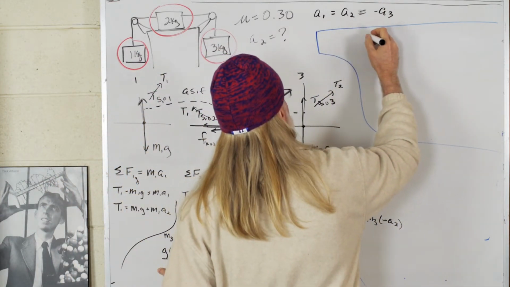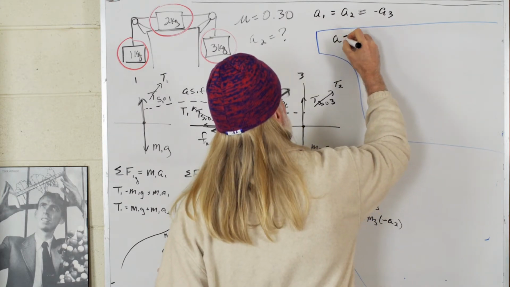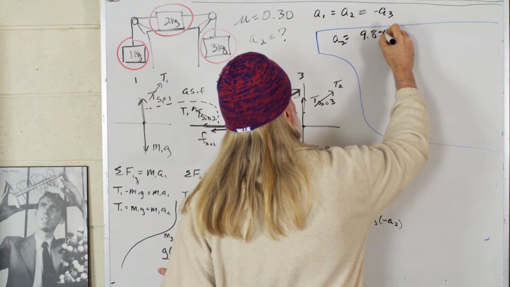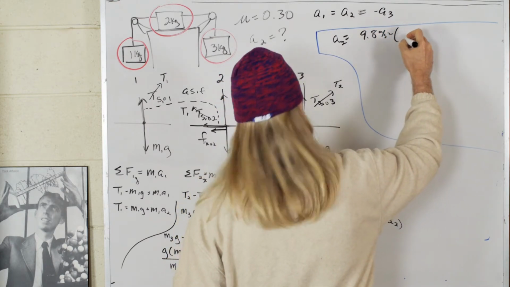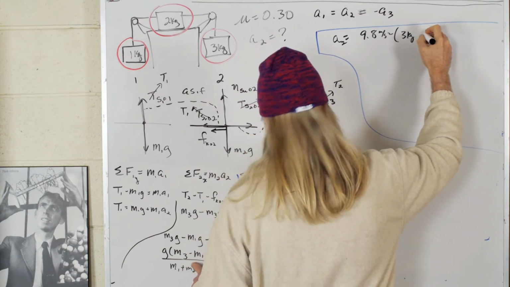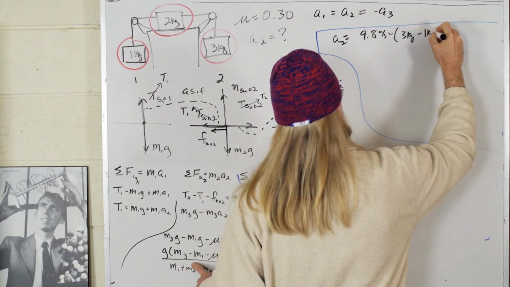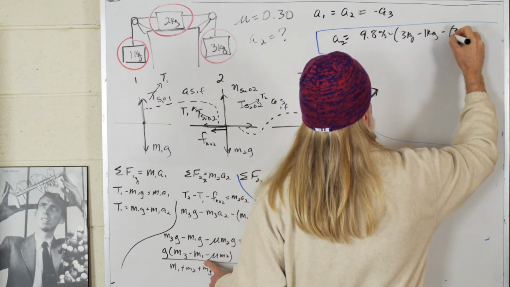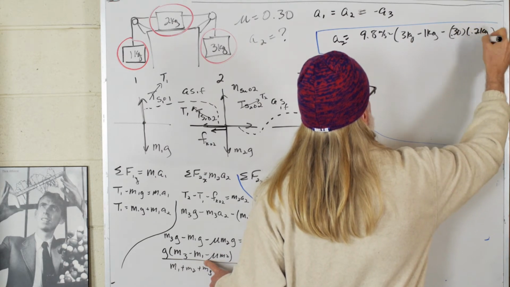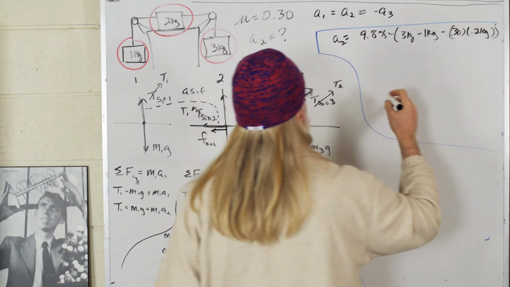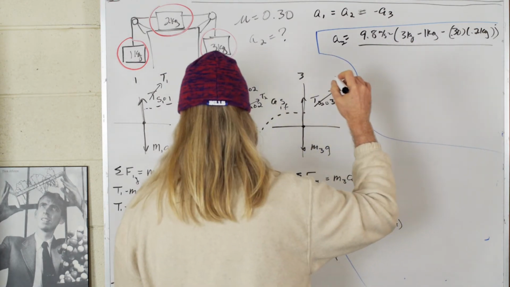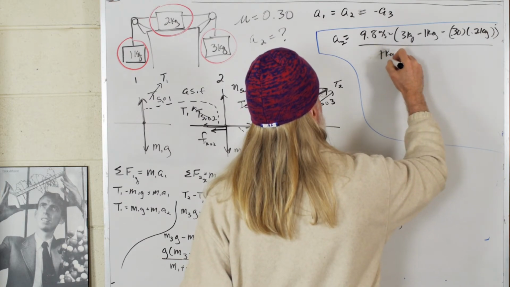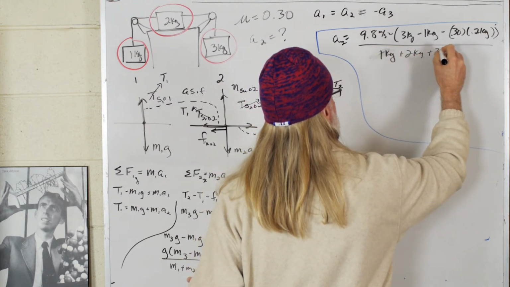Here we go, so A2 equals 9.8 meters per second squared times 3 kilograms minus 1 kilogram minus 0.30 times 0.2 kilograms, divided by 1 kilogram plus 2 kilograms plus 3 kilograms.